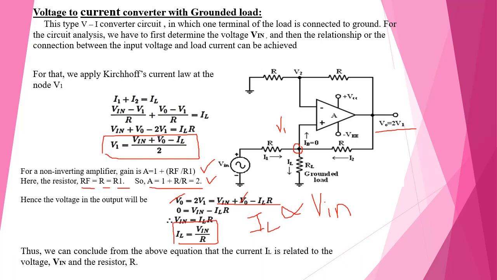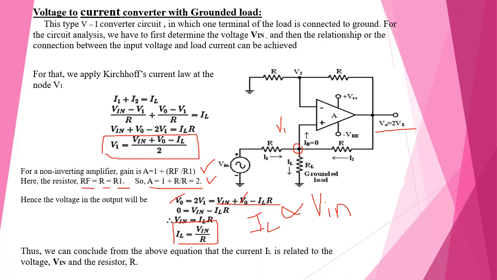Finally, V0 will be cancelled. Then we get VIN minus IL times R, that is VIN is equal to IL times R. Then finally we get the load current equal to VIN divided by R. We can conclude from the above equation that load current IL is related to the input voltage VIN and the resistance.